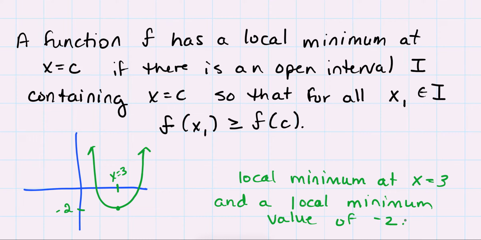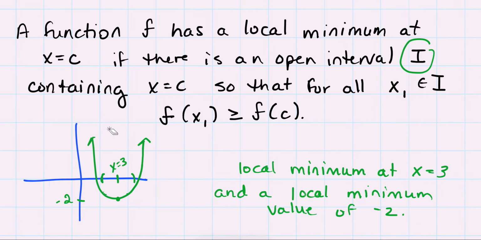So the lowest point on my graph is this -2. So what this is saying is that you can find an open interval. So you can find some numbers behind 3 and above 3, so that when you plug them into your function, you're always sitting above this minimum point here. That's the idea.